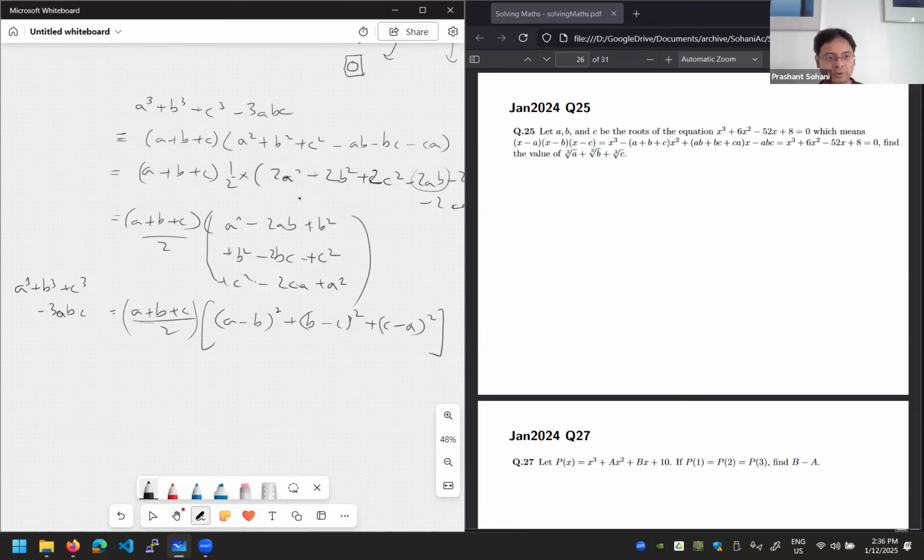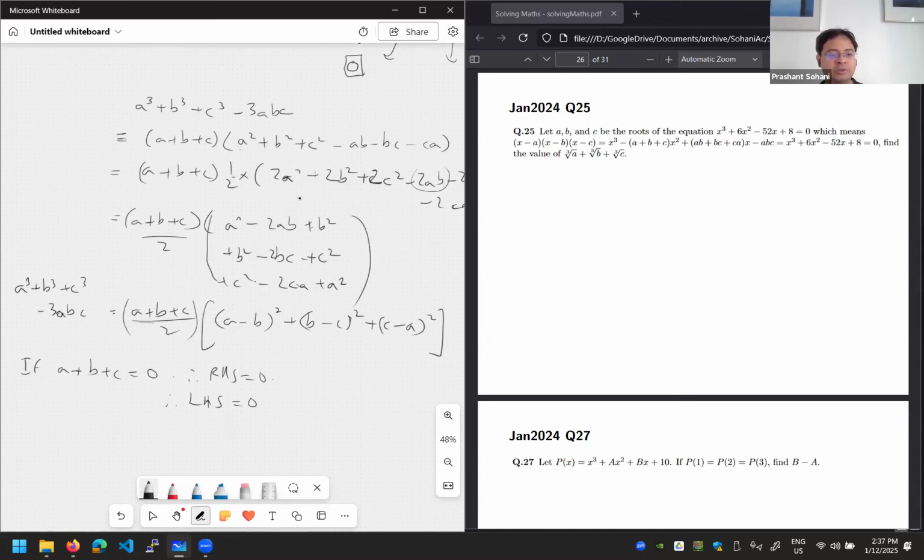Okay, why is this interesting? Because two things we can observe. First is, what if I give you the information that some three numbers are there such that a plus b plus c is 0. Therefore in the above identity RHS is 0, right? And so obviously LHS is also 0.